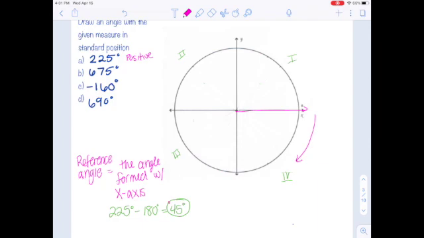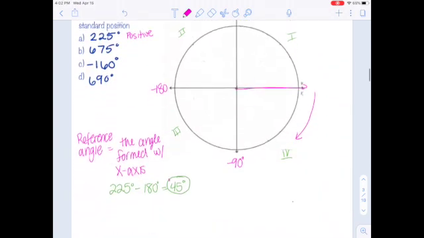So now we're moving in a clockwise rotation, and this would be your negative 90 degrees, negative 180 degrees, and you're going to know that negative 160 is not quite to negative 180.